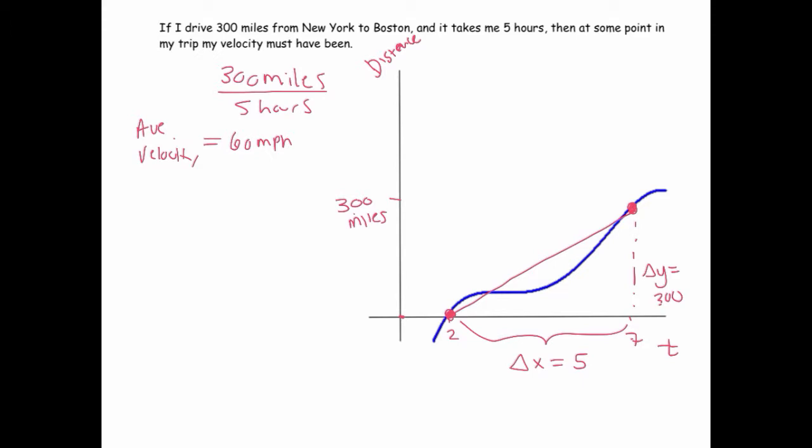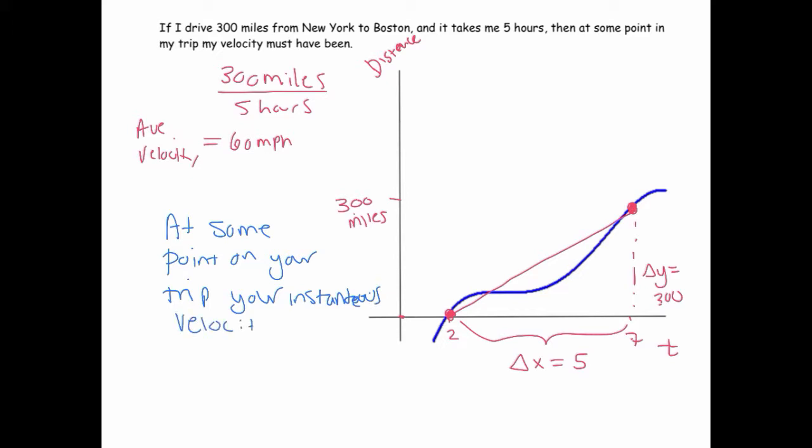So what the mean value theorem says is that at some point on your trip, your instantaneous velocity was equal to your average velocity at least once.